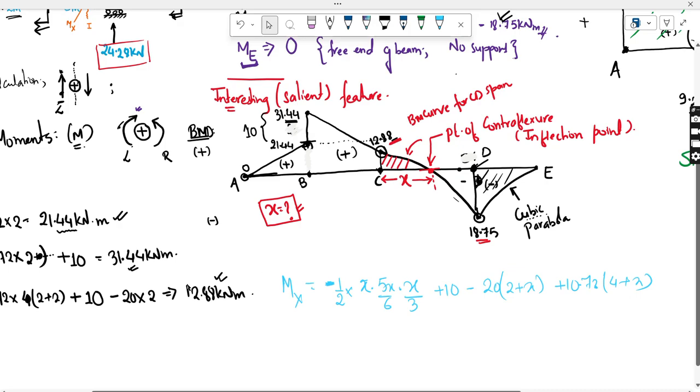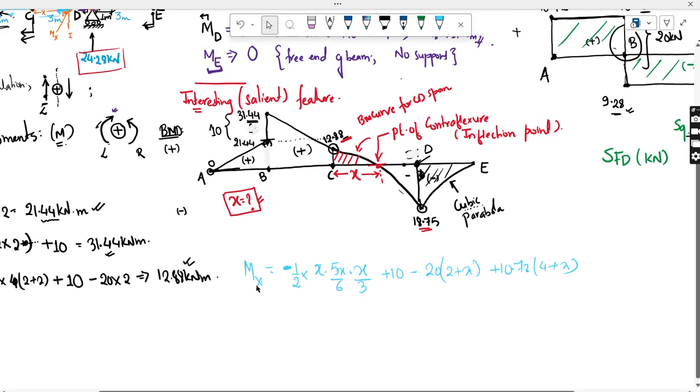This is the bending moment equation for the C to D span.